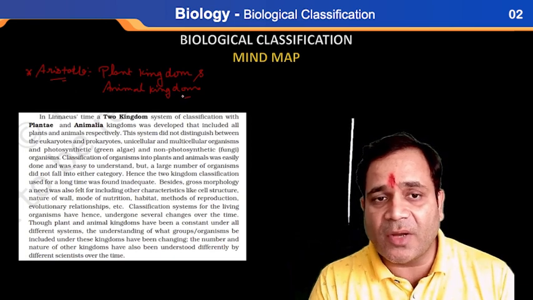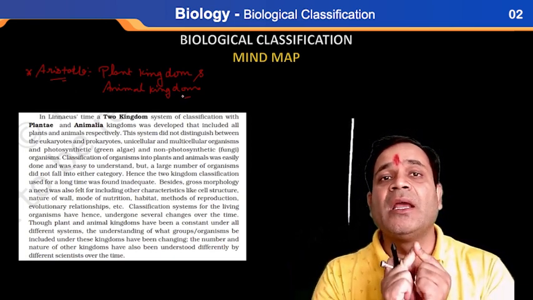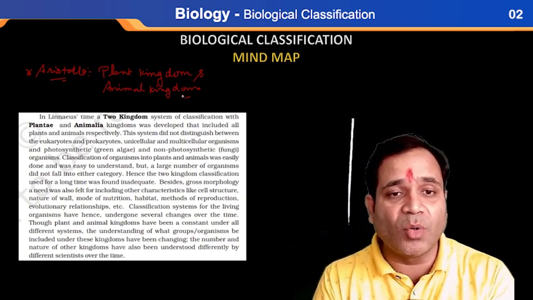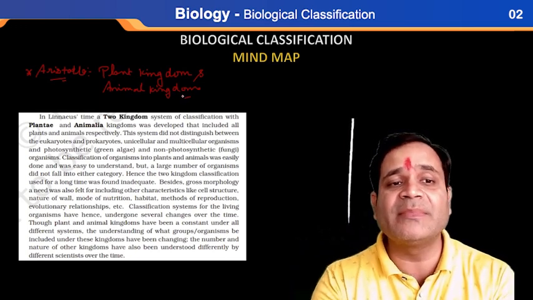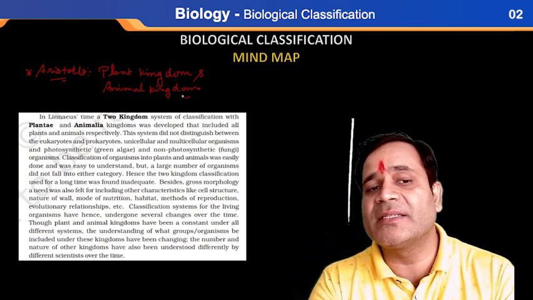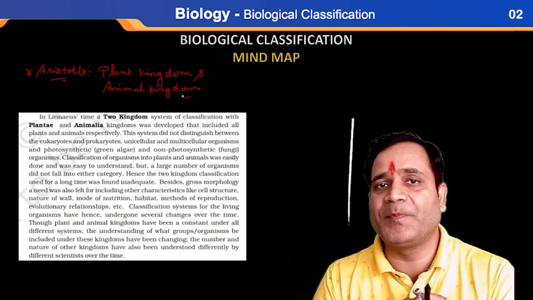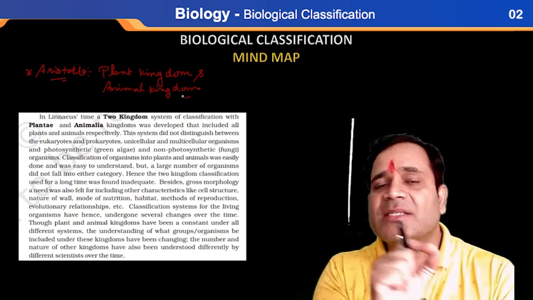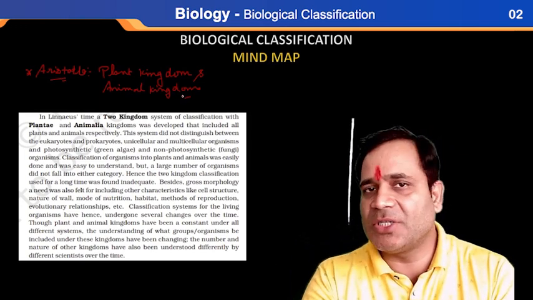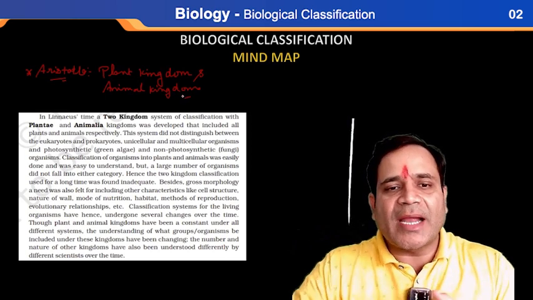Second, this classification did not group unicellular and multicellular organisms separately, so he put both together. Further, photosynthetic and non-photosynthetic organisms were also put in the same kingdom. This is the basic major drawback, so this two kingdom classification was not enough to be studied here, my dear.